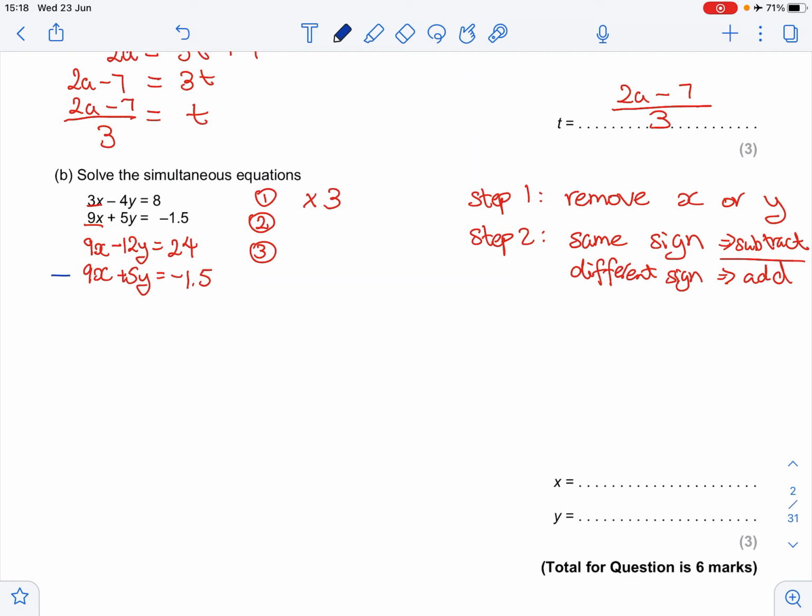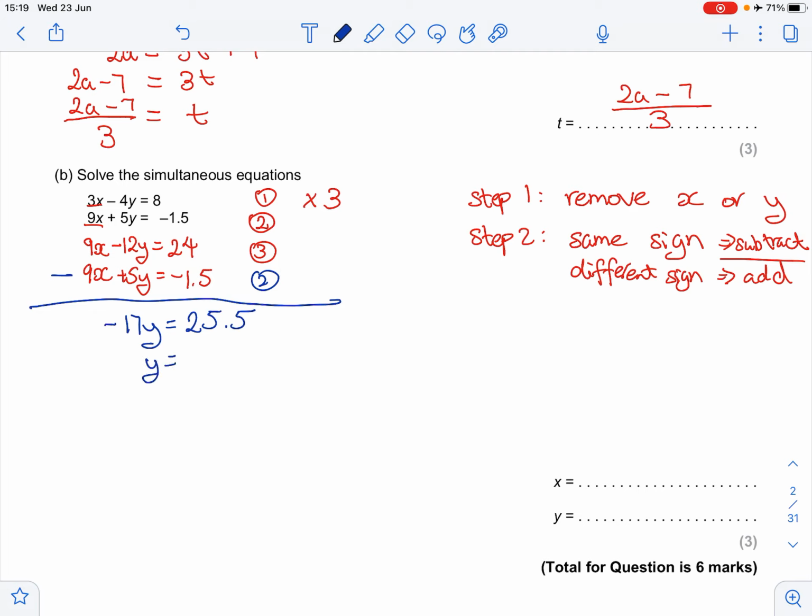So we're going to subtract equation 2 from equation 3. So 9x subtract 9x is 0. Minus 12y minus 5y is minus 17y. 24 minus minus 1.5 is the same as 24 add 1.5. So it becomes 25.5.